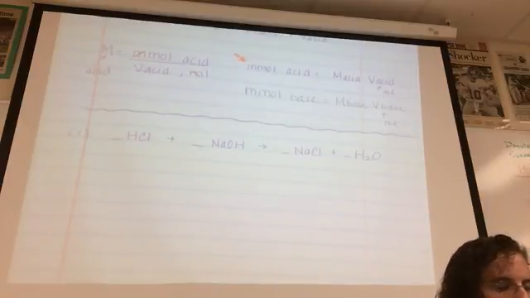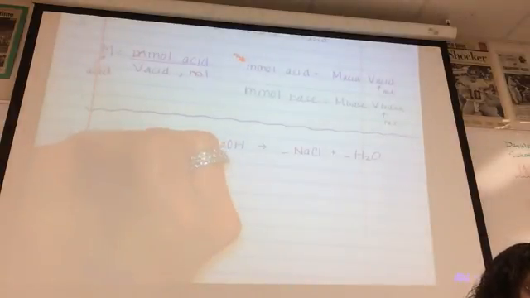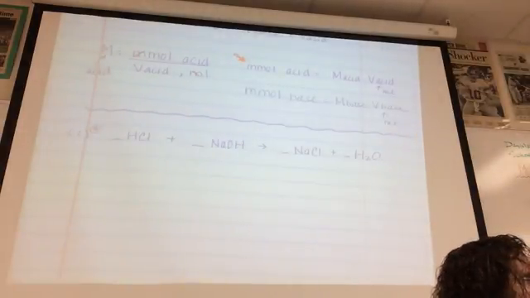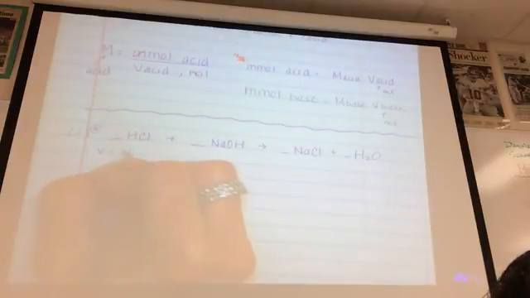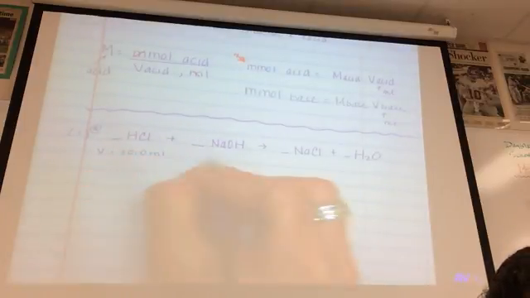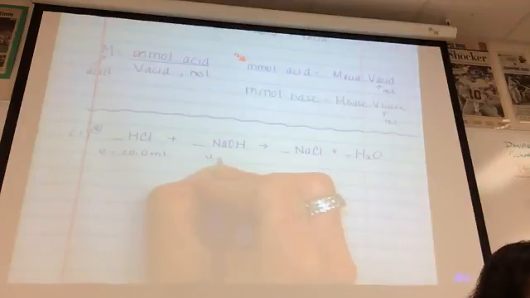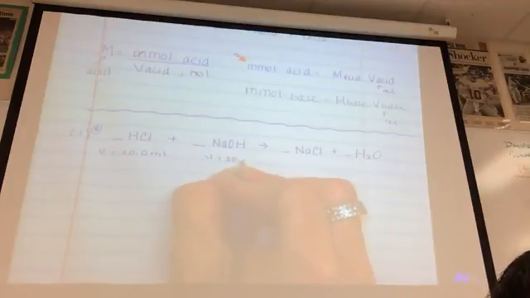Okay. The other part of step 1, I'll put an A here for step A, actually, is what it says in your notes, is I like to write down the information that I'm given. So the volume of the acid is 20 mL. The volume of the base is 30 mL.